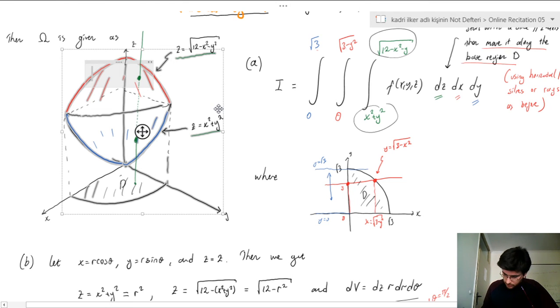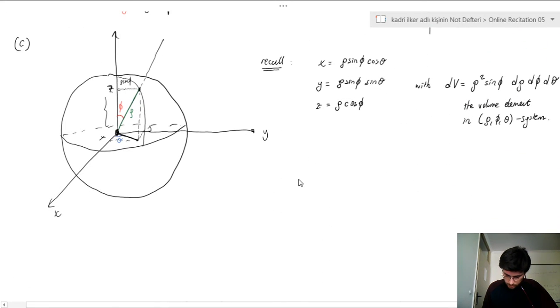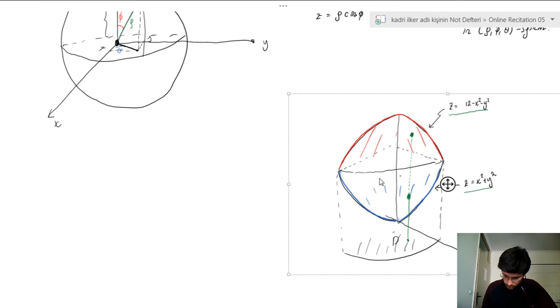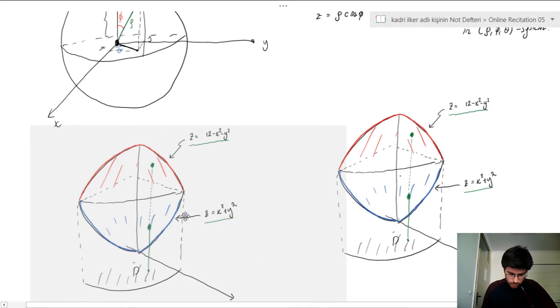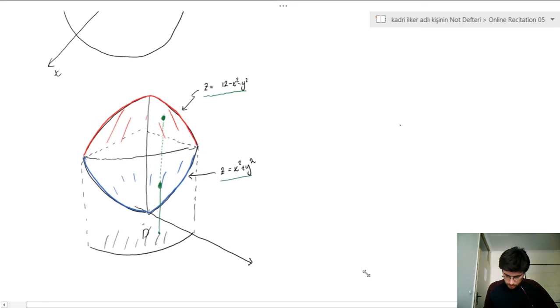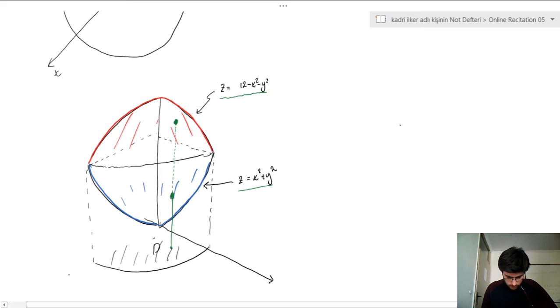Let's copy this thing and put it over here. Okay, remember, this was our picture. Let me make it a little bit bigger because we need this. Okay, fine. Let me complete the picture. So this is the x part, y part, and so on.